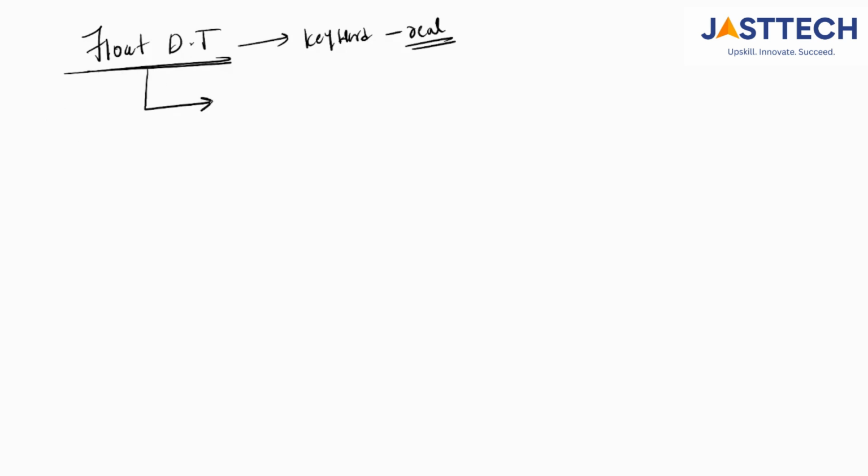And next is the float data type. The keyword is real. This float data type is used for storing fractional values.